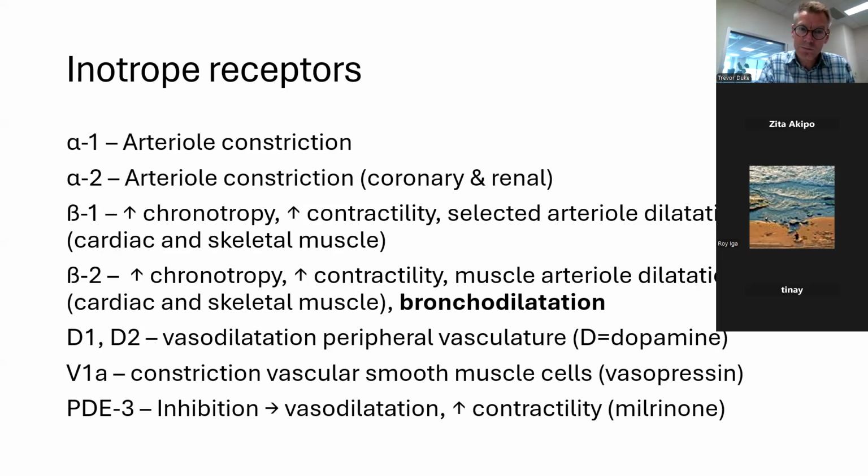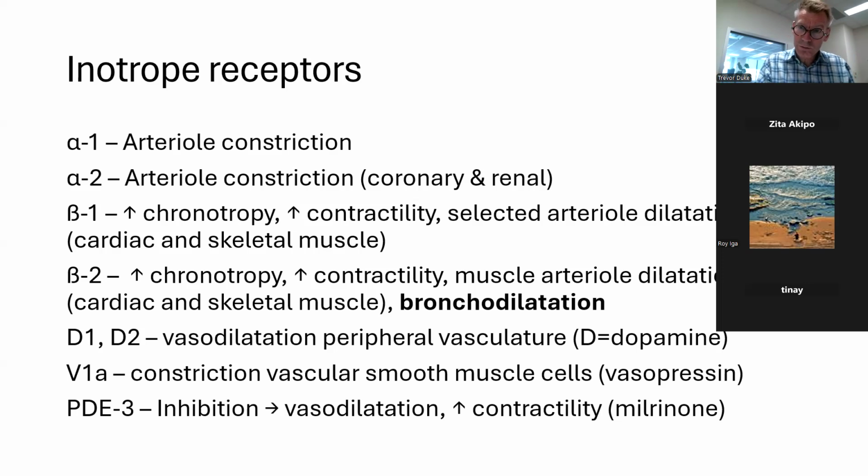Beta 1 receptors, if you stimulate them, increase heart rate, increase the contractility of the heart, and can lead to improved coronary perfusion, for example. And then you've heard of beta 2 receptors, mostly as the target receptor for salbutamol or bronchodilators, because when you stimulate beta 2 receptors, you cause bronchodilation.